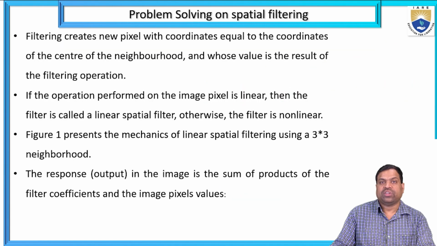When we are going for the filtering, it creates a new pixel with coordinates equal to the coordinates of the center of the neighborhood, and whose value is the result of the filtering operation. If the operation performed on the image pixel is linear, then the filter is called a linear spatial filter. Otherwise, it is non-linear. The previous figure presents the mechanics of linear spatial filtering with the 3x3 neighborhood.